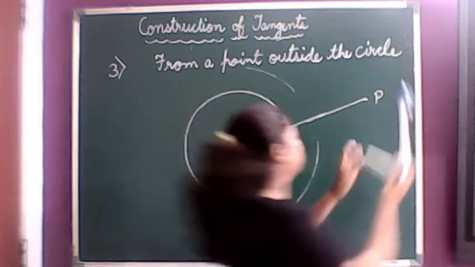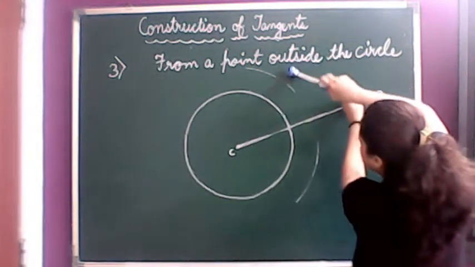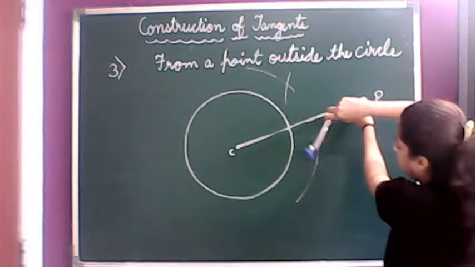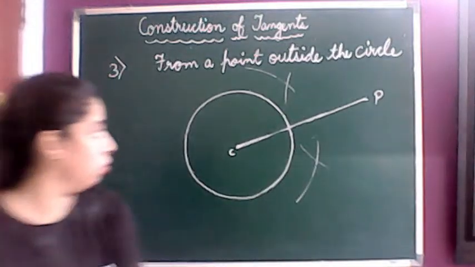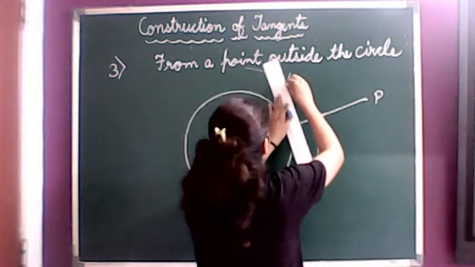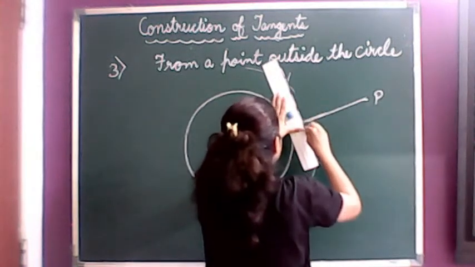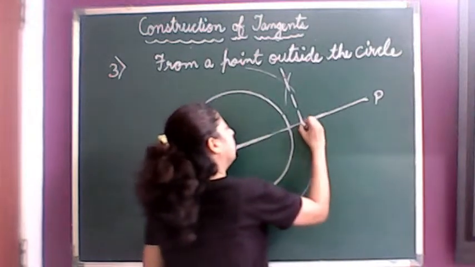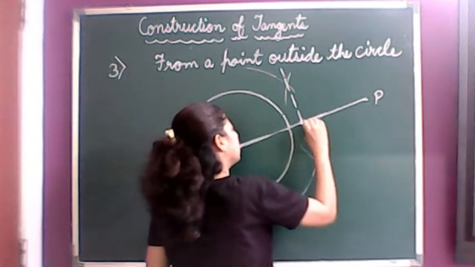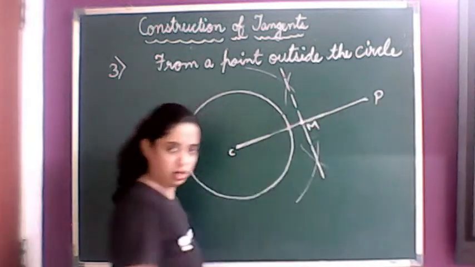Now keeping the same measurement, keeping the point at P, I will cut the previous arc. Can you see? Now you join these two. Simply join this one and this one. After joining this, you will get this point, which is, say, M. This is CM is equal to MP and they are perpendicular to each other.